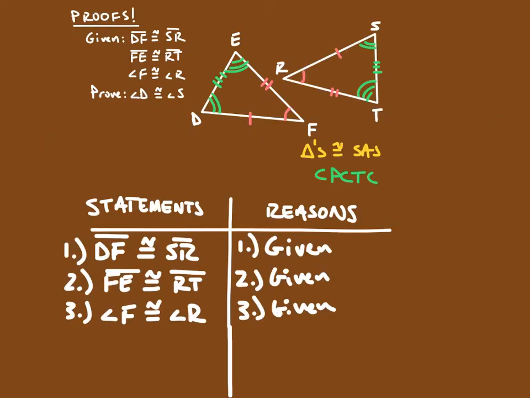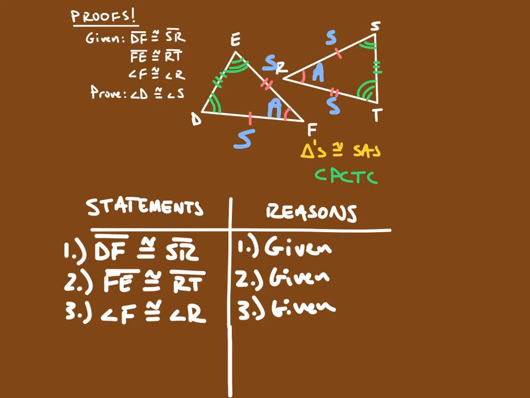Okay, so I wrote out our statements and our reasons for our three given statements, okay? And that was all the stuff that we did in red. Now, based on that, we had side, angle, side.